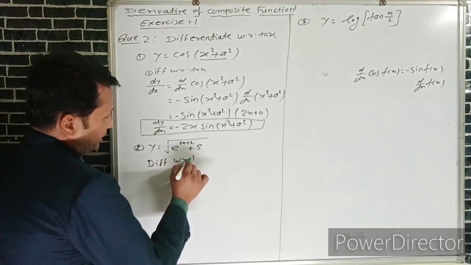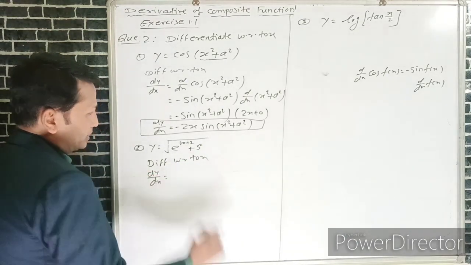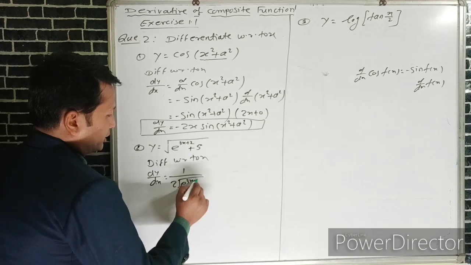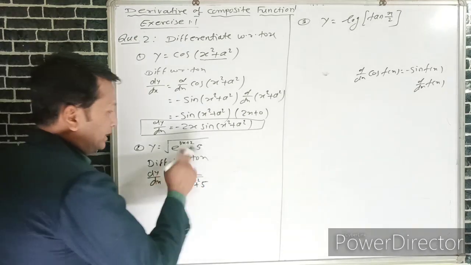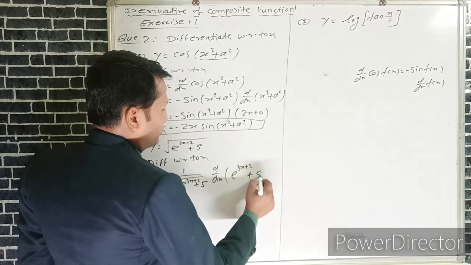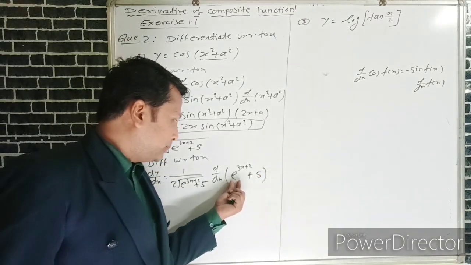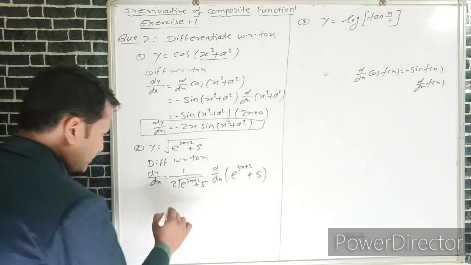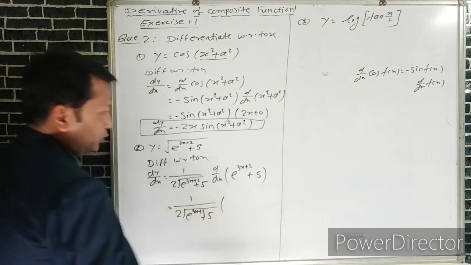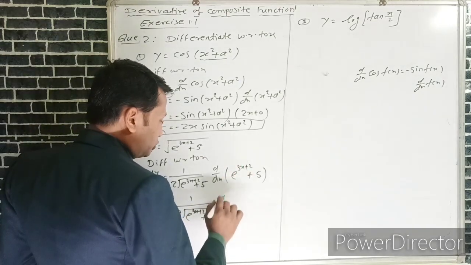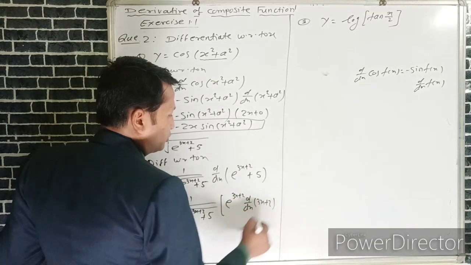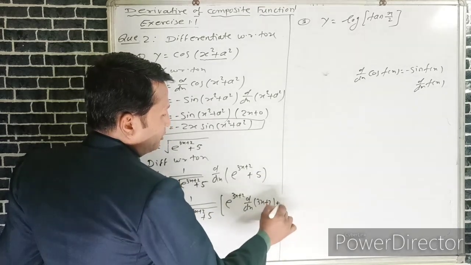If we differentiate with respect to x, then dy upon dx is equals to derivative of under root x is 1 upon 2 root of x, means 1 upon 2 under root of (e raised to power 3x plus 2 plus 5) into derivative of e raised to the power 3x plus 2, which is e raised to the power 3x plus 2, and we take again the derivative of 3x plus 2. 5 is constant function, hence the derivative of 5 is also 0.